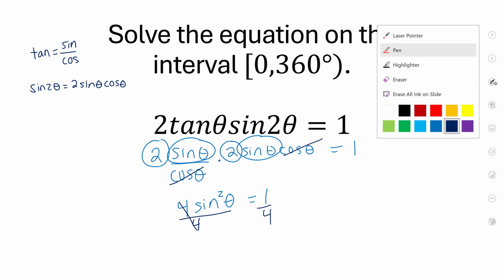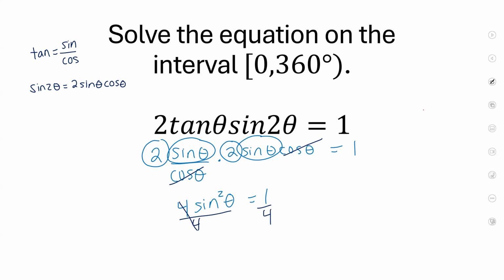And then what? Square root, both sides. Square root cancels out with the squared. I am left with sine theta is equal to the square root of 1 is 1 and the square root of 4 is 2, plus or minus. Because -2 times -2 will also give you 4. Okay, so plus or minus 1/2.